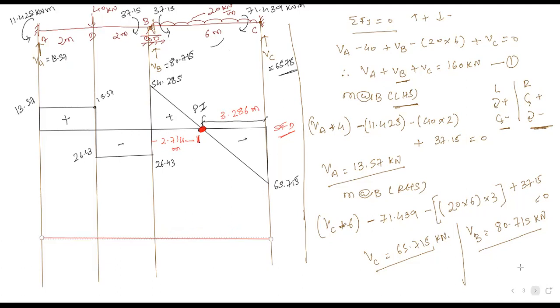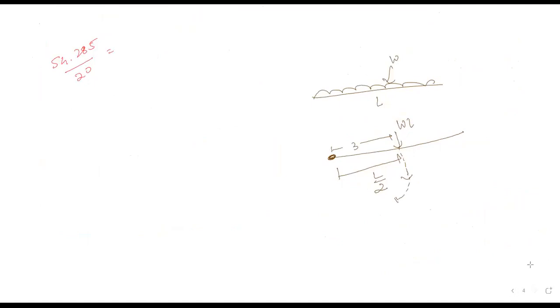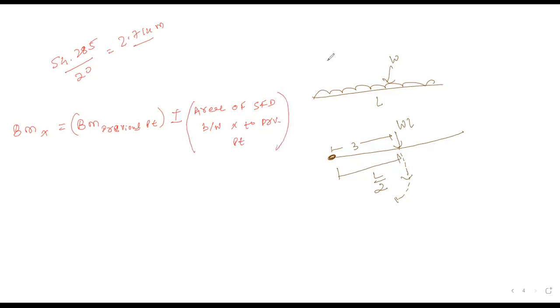Now, all students are requested to write down this equation in your notebook. ओके, मैं यहाँ पे एक इक्वेशन लिख रहा हूँ, आप नोटबुक में लिख दीजिए. बेंडिंग मोमेंट एट x, that should be equal to bending moment at previous point plus or minus area of shear force diagram between x to previous point. क्लियर है स्टूडेंट्स? प्लीज कंफर्म मी. ये इक्वेशन आपके नोटबुक में आप लिख दीजिए पहले.